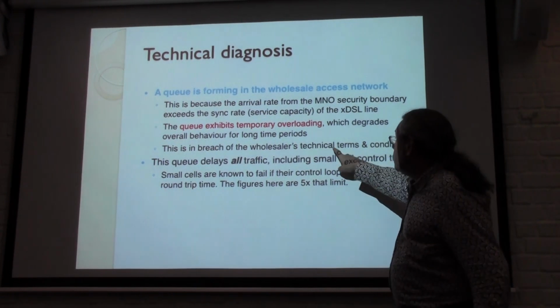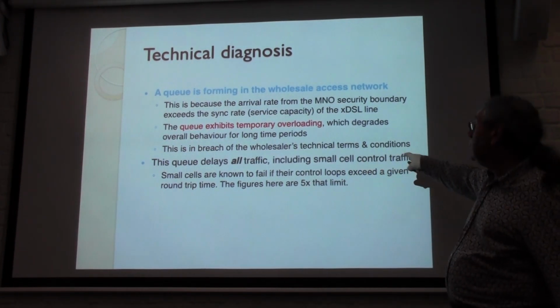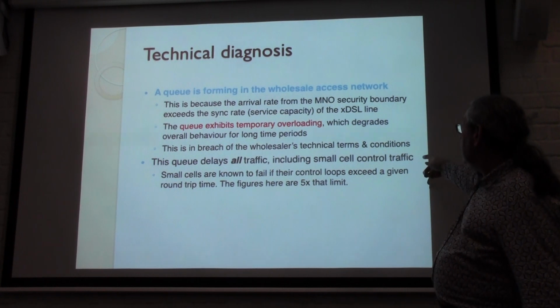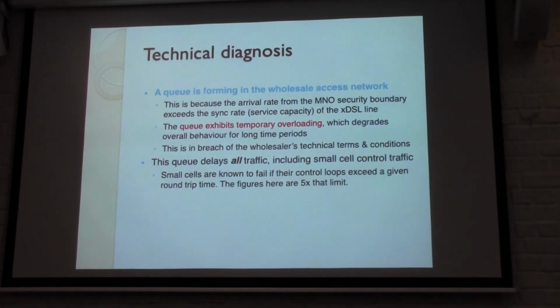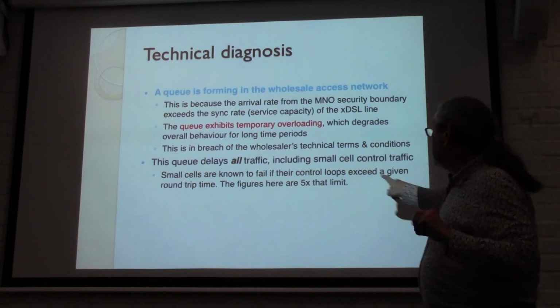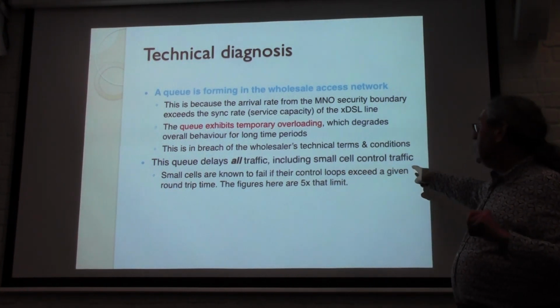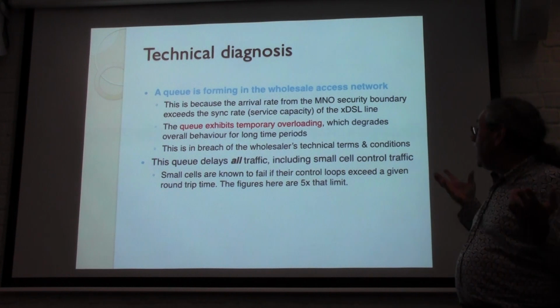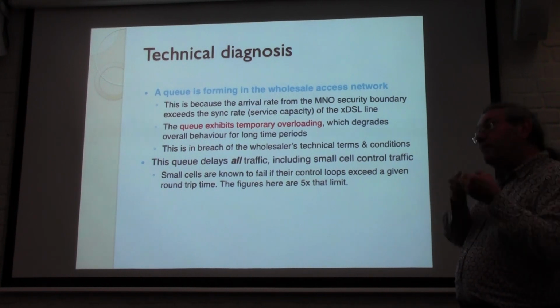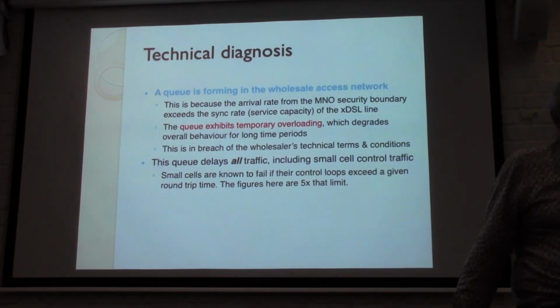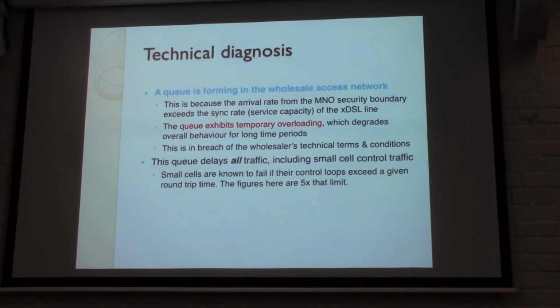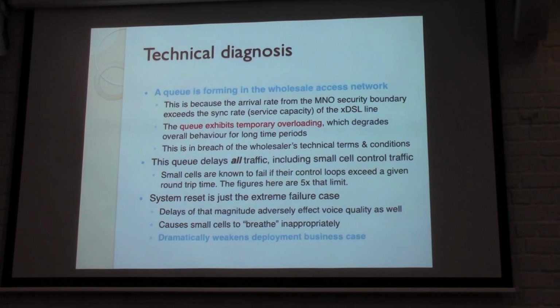In any case, the queue is overloaded, and this delays everything, including the control traffic. These small cells have some control traffic, and if the delay is too high, they will not like it, and they will maybe fail. The figures here are way above that. So that's why the small cells were failing, in addition to bad quality.